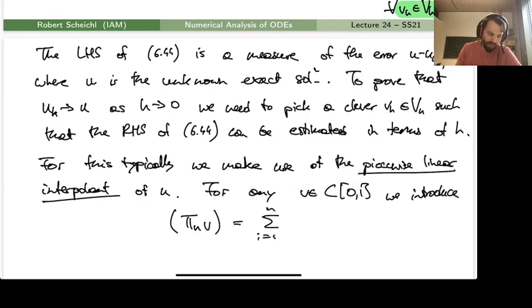If we want to interpolate, because our basis functions phi i were chosen such that they're 1 at one vertex, remember, and 0 at all the other vertices, we simply can define our interpolant by evaluating the function we want to interpolate at the grid points, multiplying with the basis function and adding it up.